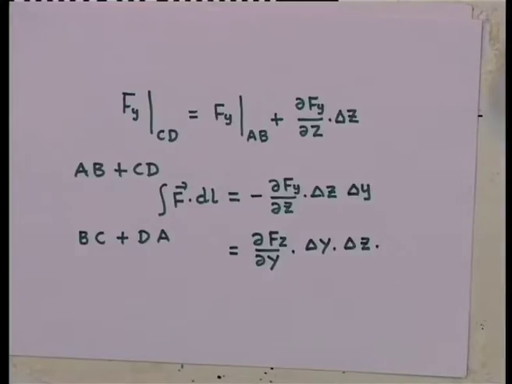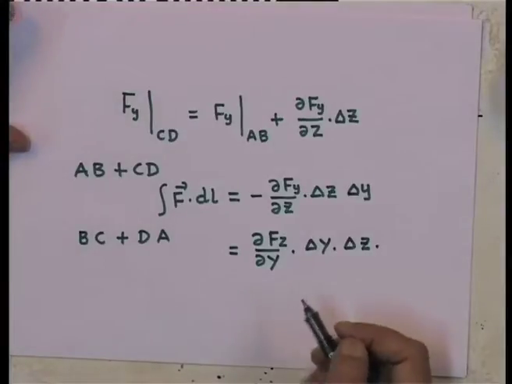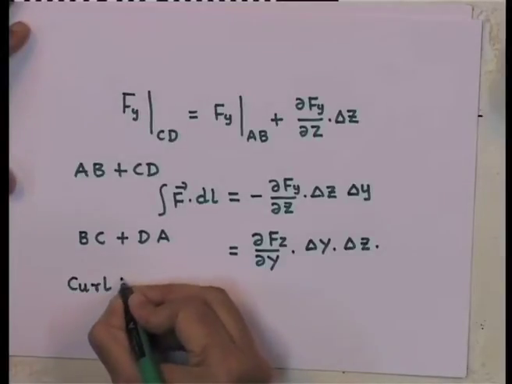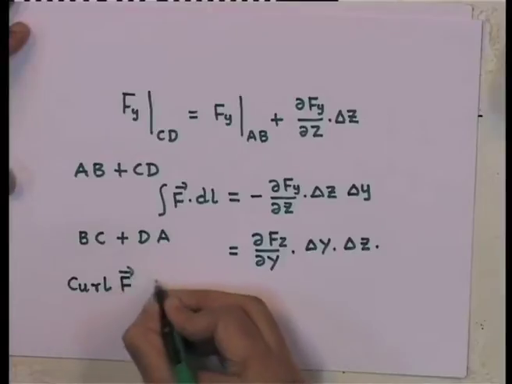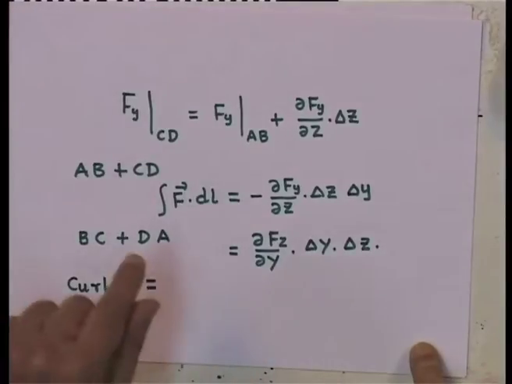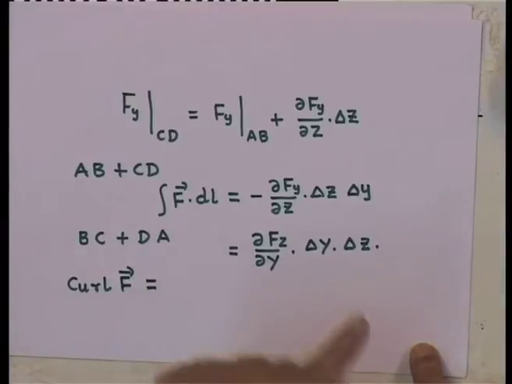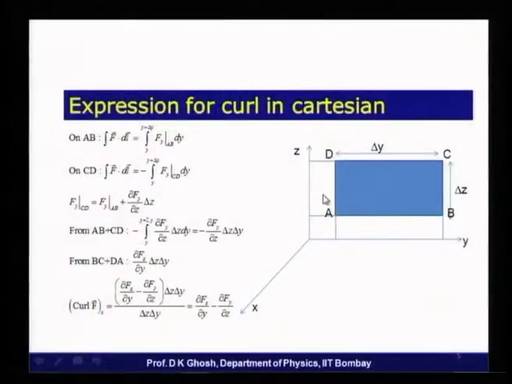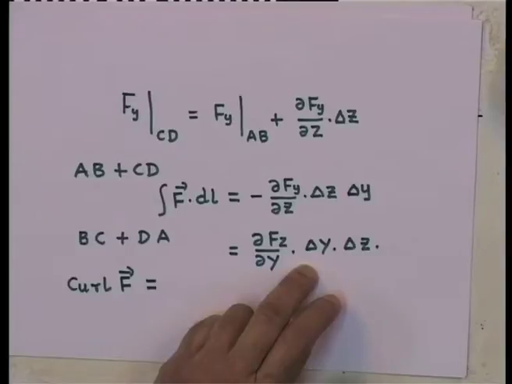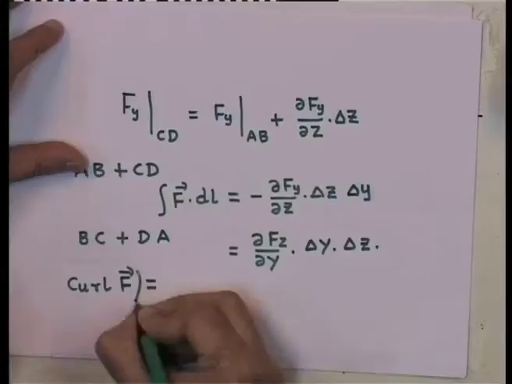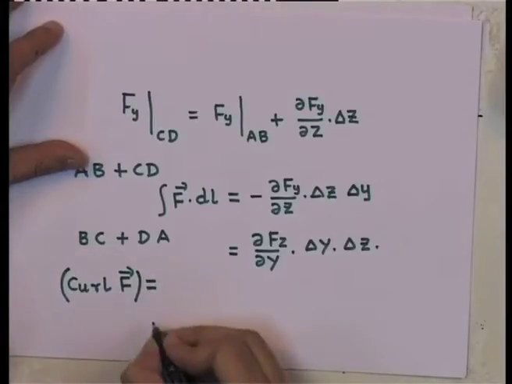So, therefore, the curl of f, which if you recall is the integral of f dot dl over this contour divided by the area enclosed, which is delta y delta z, is given by, now I have to worry about, I am calculating curl f's x component.